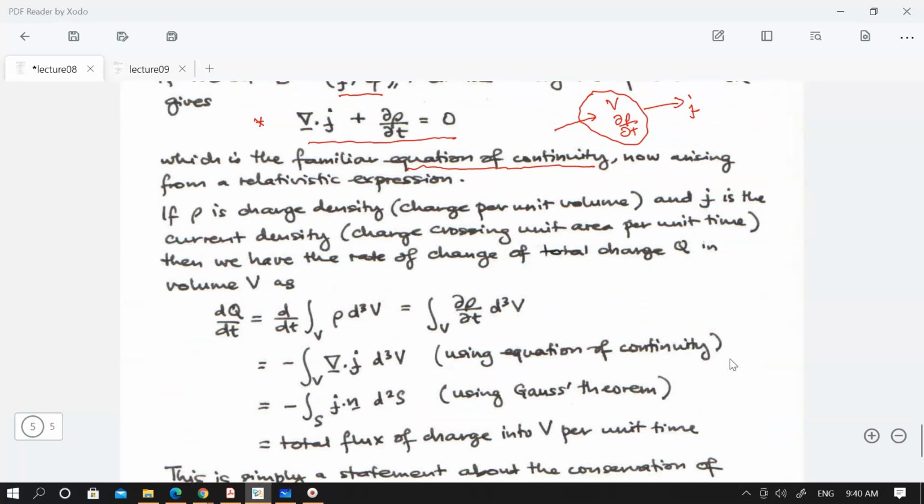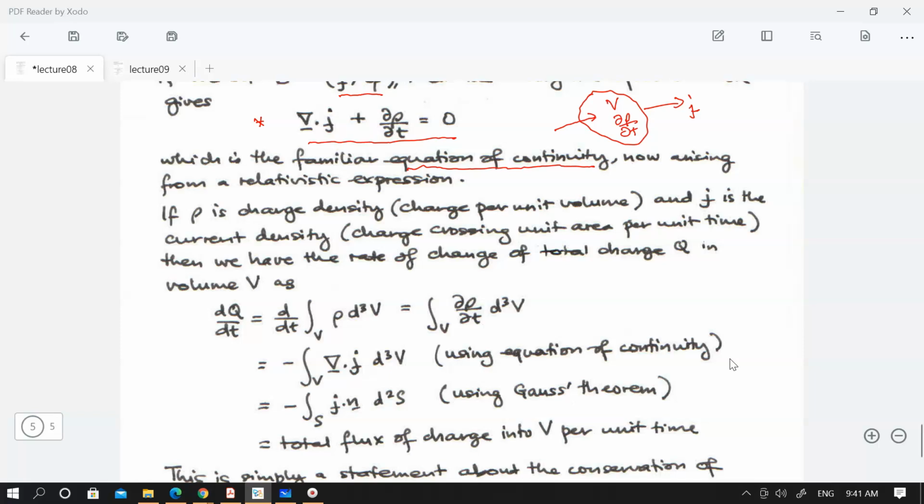So again, the idea of this equation of continuity, as I said, is saying something about conservation. How do you see this in a more conventional way? Think of your charge density: when you integrate over the volume it gives you the total charge. If I take the time derivative of the total charge, I get d/dt of this integral.